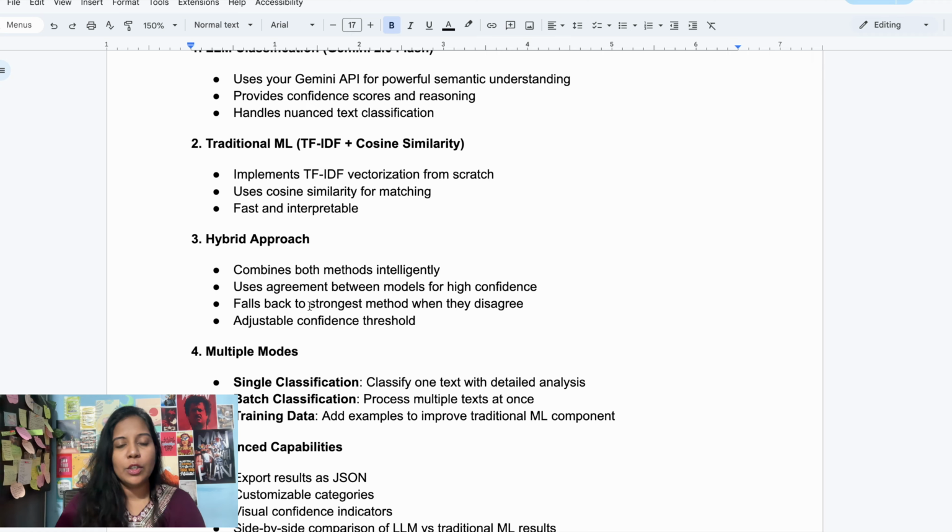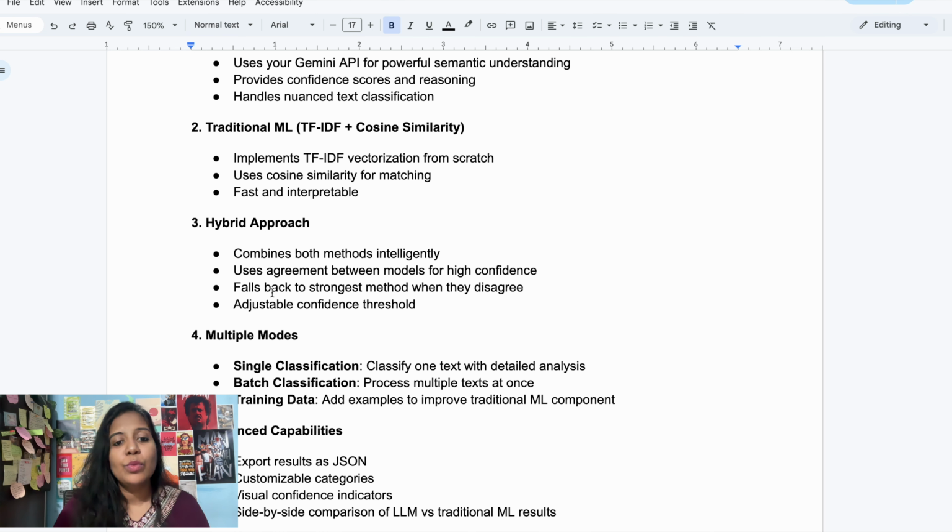We can't just feed the tone, right? Whether they are saying it in an angry way or a happy way. I can just say, I'm not sad, like that, by laughing. We can't feed the tone, right? For that, we use LLM. That falls back to the strongest method when they disagree.